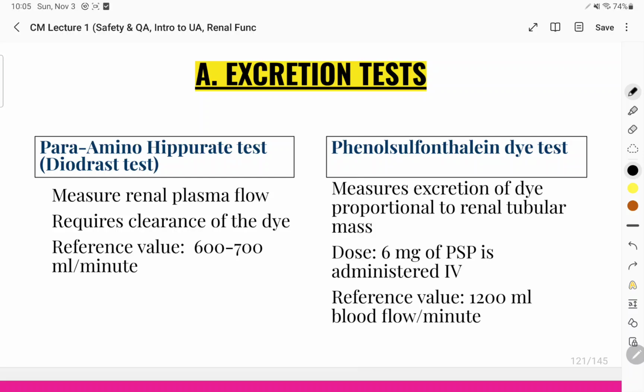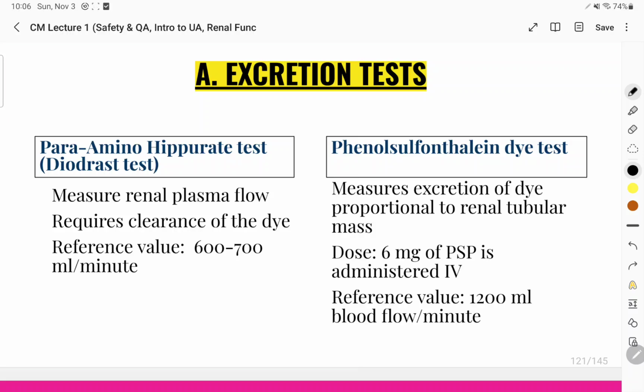And then the phenolsulfonphthalate dye test measures the excretion of the dye, phenolsulfonphthalate. The amount of excreted dye is proportional to the renal tubular mass. Okay? And the dose of your PSP is administered intravenously, 6 milligrams. And then the reference value is 1,200 ml blood flow per minute.